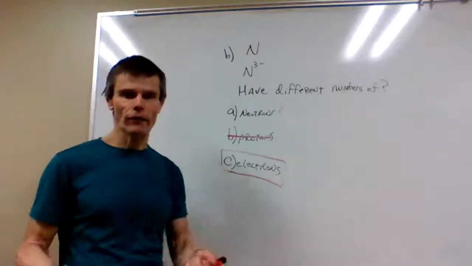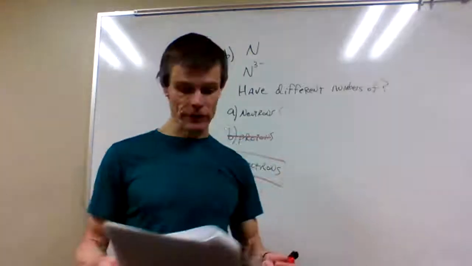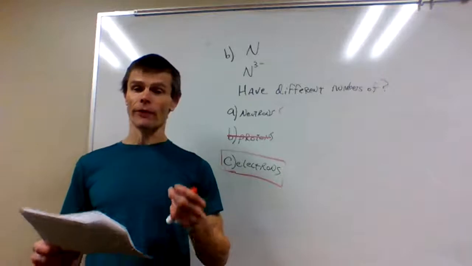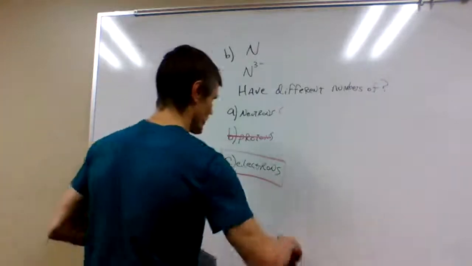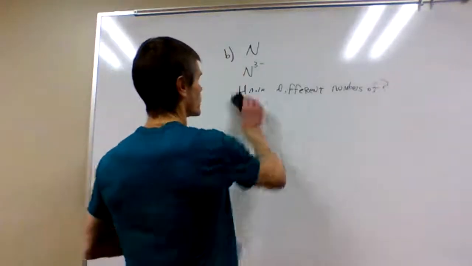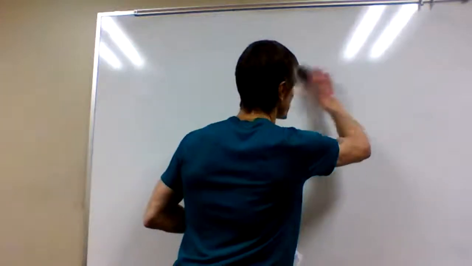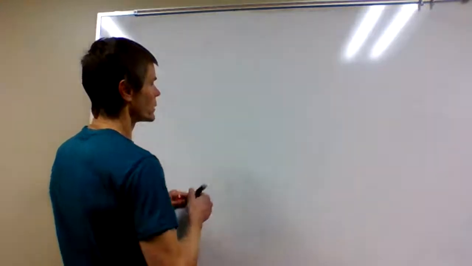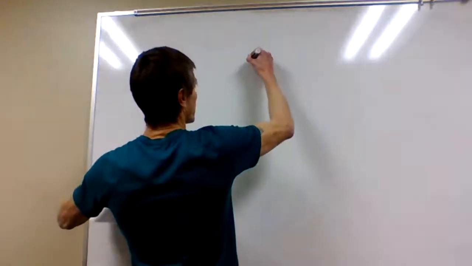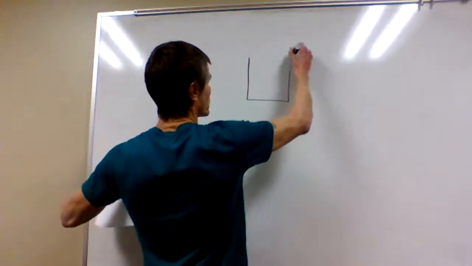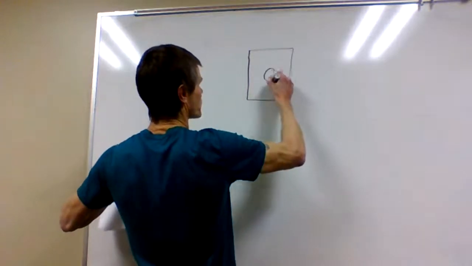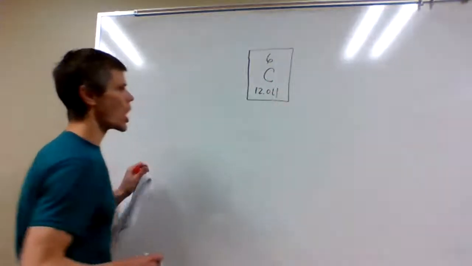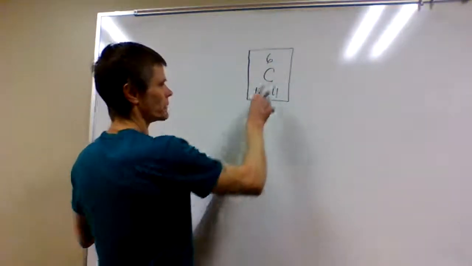What we're going to do in our next lecture, the final part of this lecture today, is discuss a little bit about the other number on the periodic table. And we really haven't spent any time on this. If we look at our periodic representation of carbon, we've already talked about the symbol.